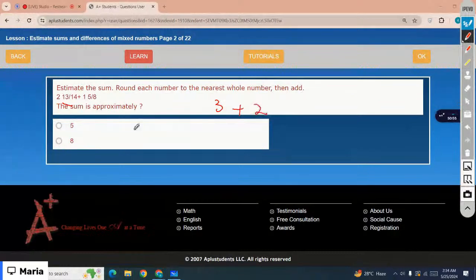So it would be rounded off to 2. So the correct option is 5. Got it? The correct option is 5.